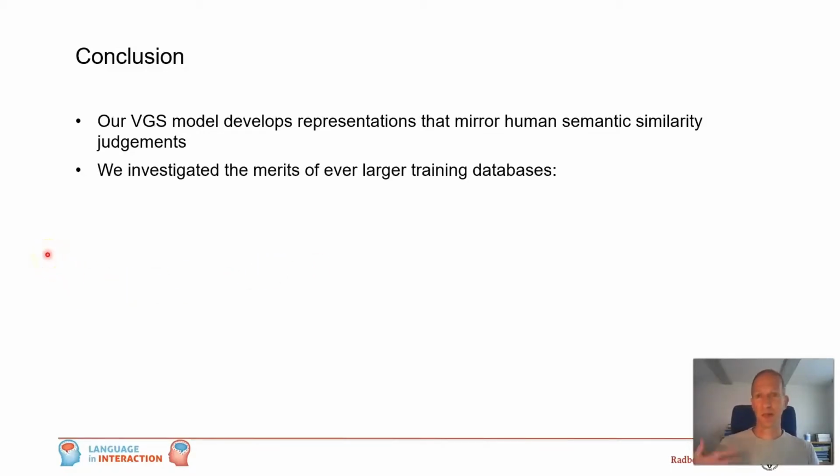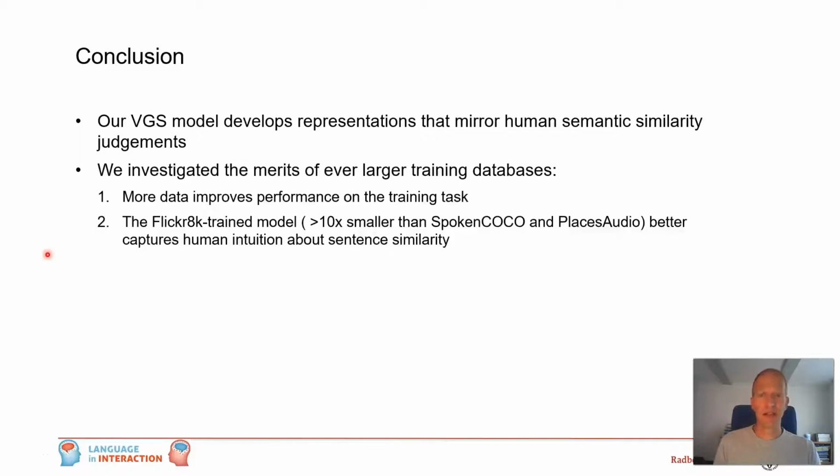We also looked at whether it really helps to have ever larger training databases. Yes, it does for the training task, but it does not for the transfer task. If you want to have a model that captures human ratings of semantic similarity, the smaller database, the Flickr 8K trained model, actually does better.